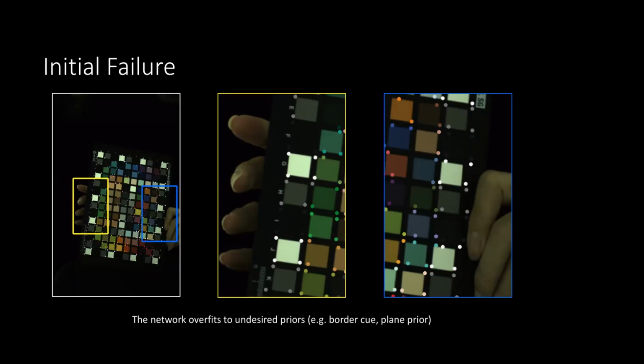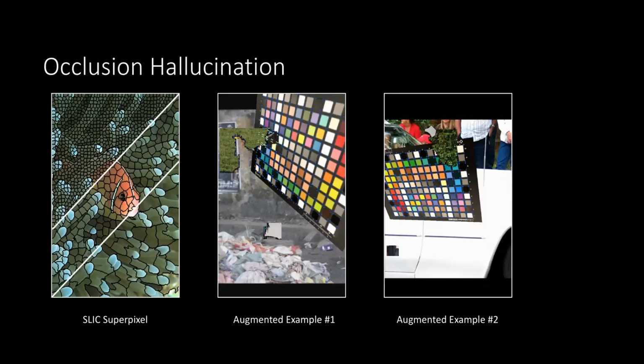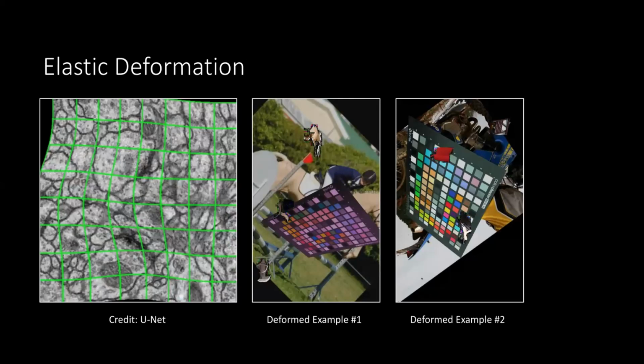And this suggests that the network still overfits to some undesired areas, such as border is always black and straight. So we use the superpixel to generate some random shape from background image and place them on image to perform the occlusion. Also, we apply elastic deformation to the color checker because the color checker may not be a strict plane in the real world.